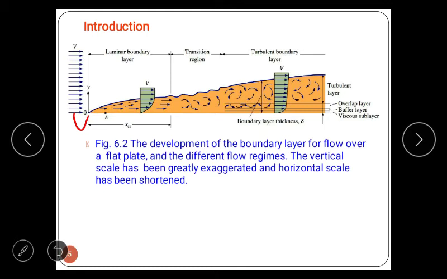Let's study the development of boundary layer. When the fluid is flowing with free stream velocity u, or v, there is a first region, shown up to a distance x critical, that is the laminar boundary layer.